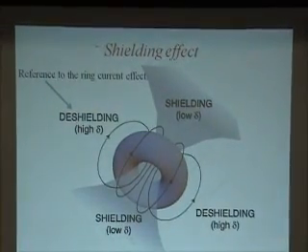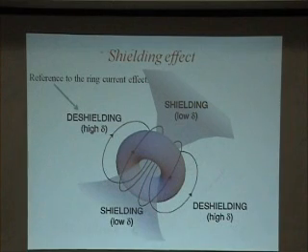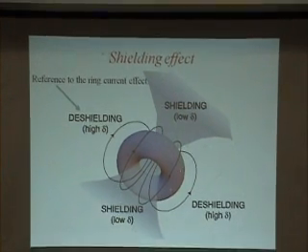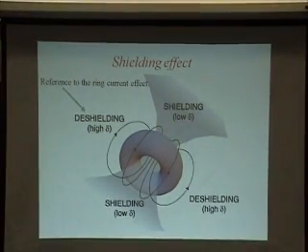Now see, if a ring current is flowing, then in this shaded region, the magnetic field due to this induced current, this is an induction effect, opposes the external magnetic field. So in this region we see shielding.